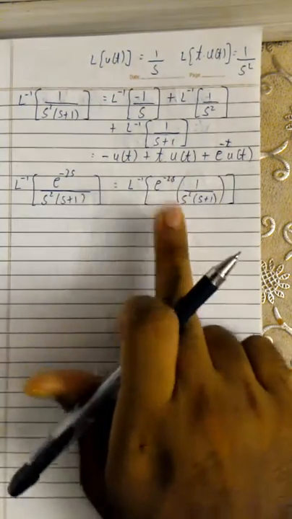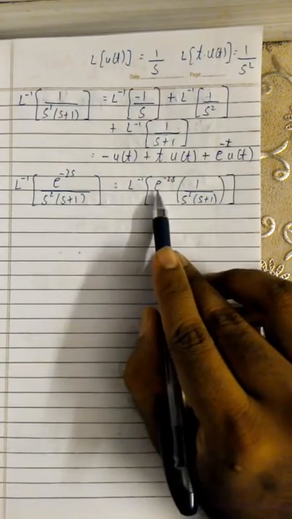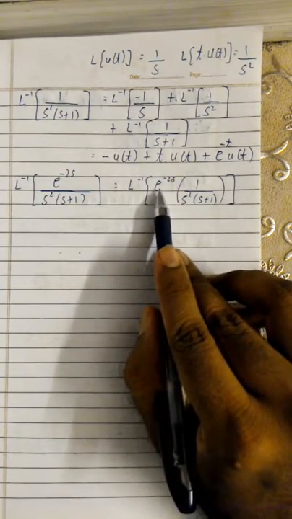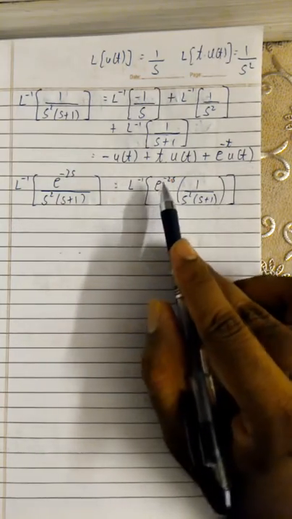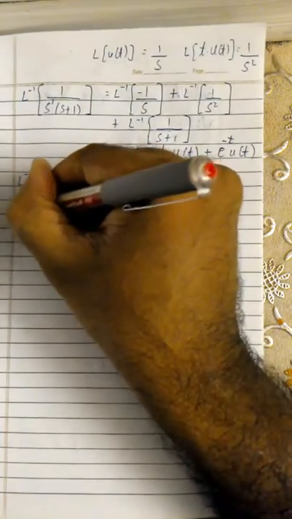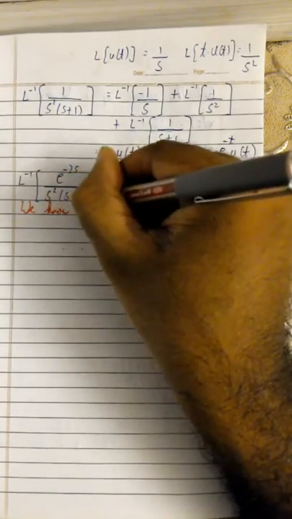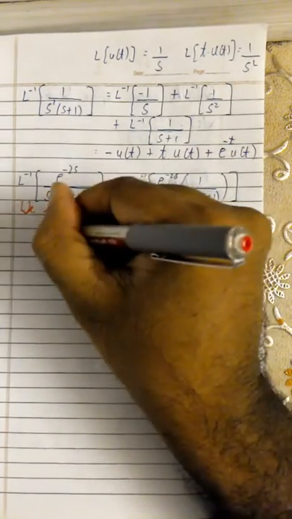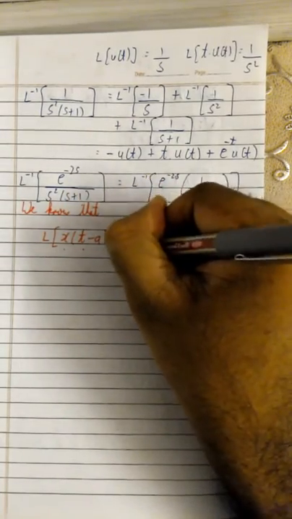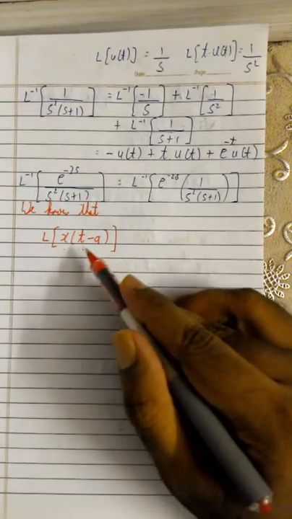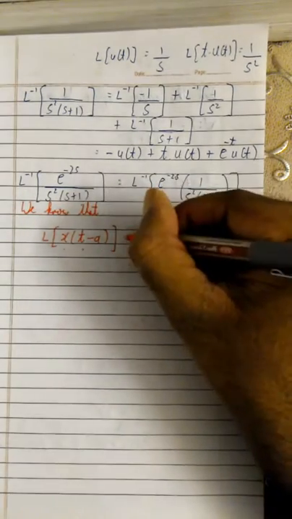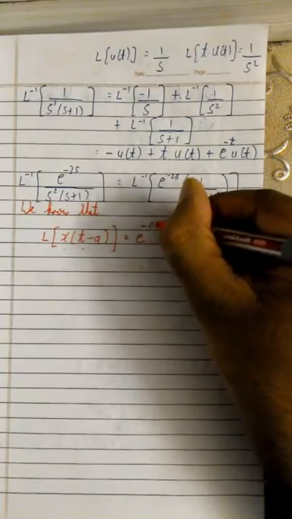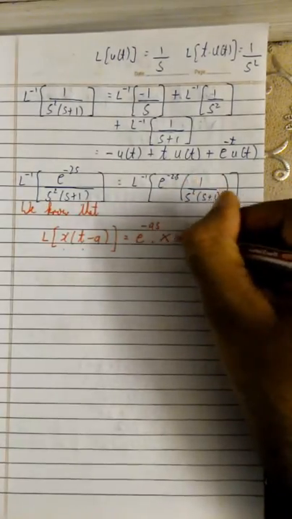You already know that an exponential function in the S domain means nothing but a time shift in the time domain. All you need to do is simply apply the time shifting theorem. What does the time shifting theorem say? The Laplace transform of x of t minus a, which is shifted by a seconds, is e raised to minus as into x of s.